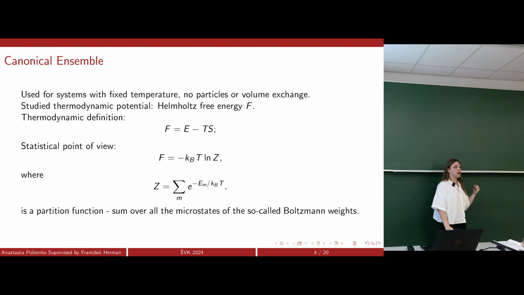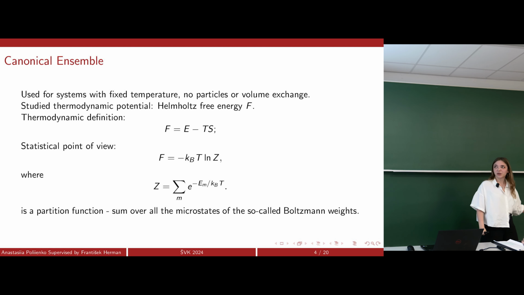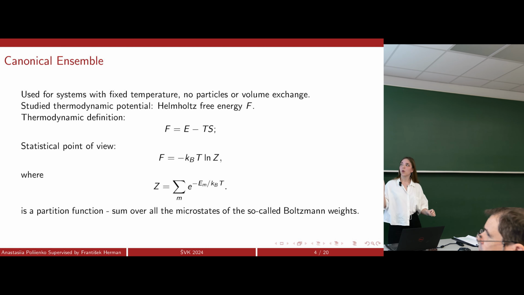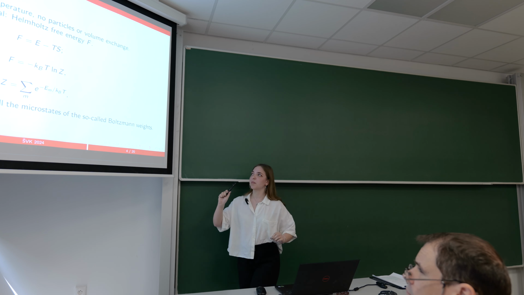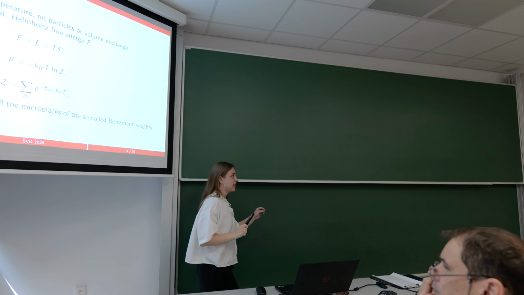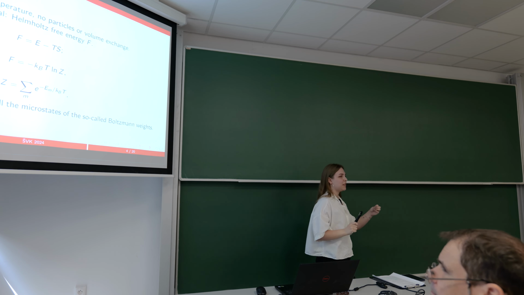So, throughout the work, we are using knowledge from the statistical mechanics course, and those who had this course already know that we can use different ensembles there. Throughout the work, I use the canonical one, where the studied thermodynamical potential is the Helmholtz free energy. Note that it can be found by this equation, and note, it will be important later, that it is a real physical quantity.